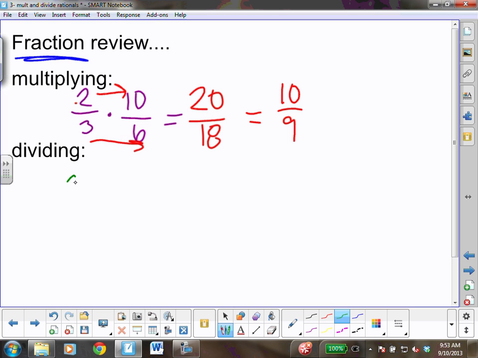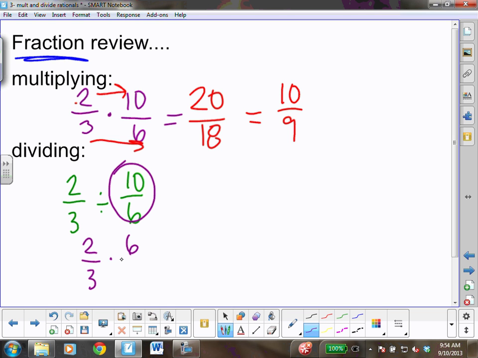Dividing fractions is similar to multiplying fractions, except for one key step. Whenever I'm dividing by a fraction, I always want to multiply by the reciprocal of the second fraction. So in this case, the 10 over 6 is going to become 6 over 10.